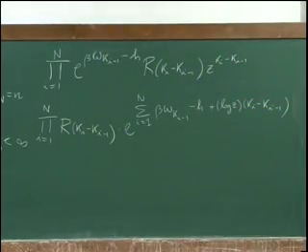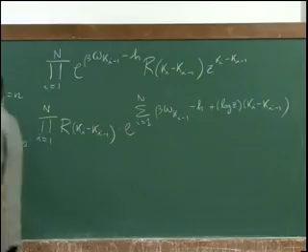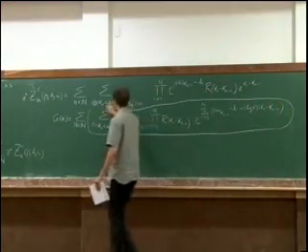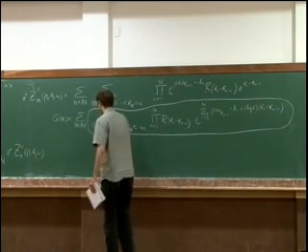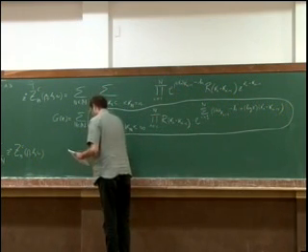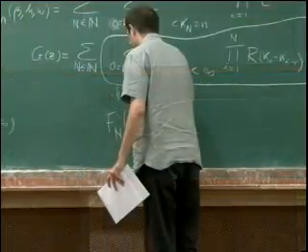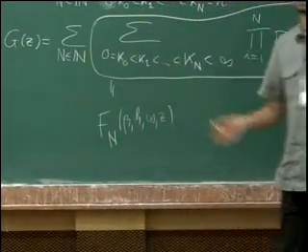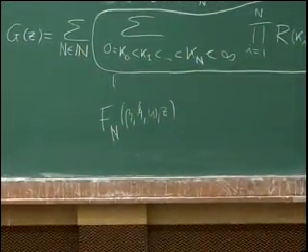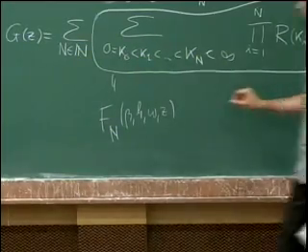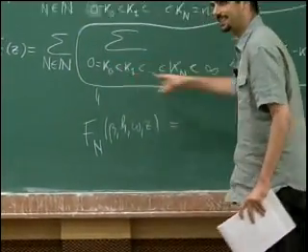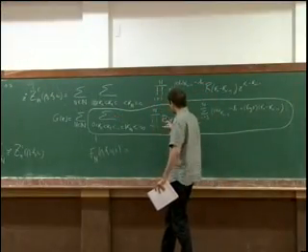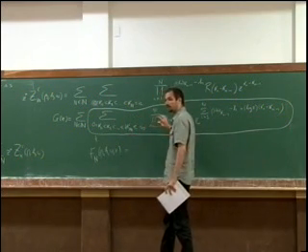Now, all this expression, let me call it F_N, capital N, which depends on beta, h, omega, and also z. And what is this expression, actually? Let's write it slightly differently. This sum and this product just amounts to averaging over the first capital N returns of the random walk.